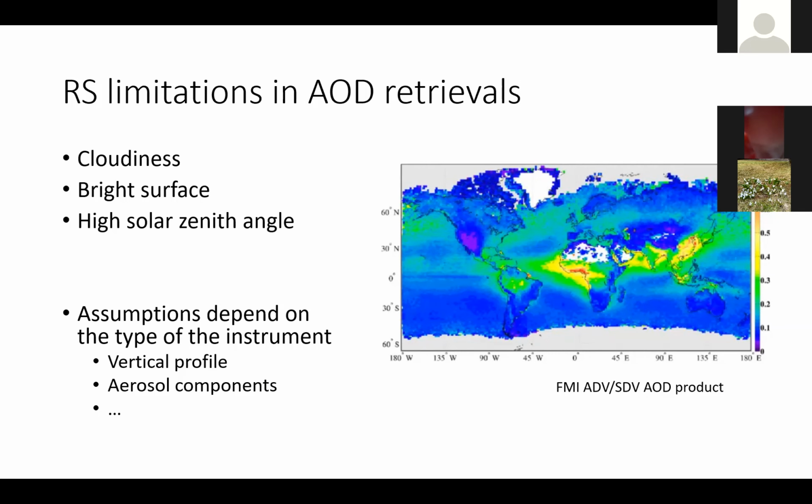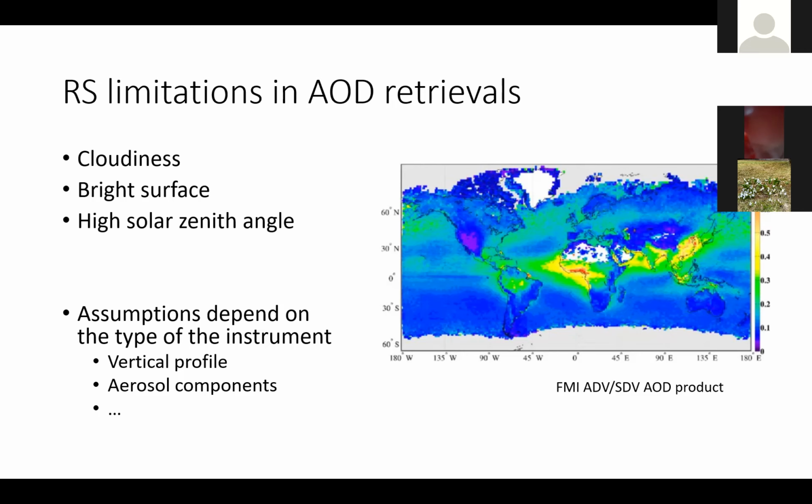Introducing here the FMI aerosol product, I would like to mention that there are quite many limitations in remote sensing, and those limitations are based on the product. For instance, for aerosols, the main limitation is that remote sensing instruments, which we use to retrieve aerosols, cannot see through cloud, so cloudiness is the main obstacle. With satellites, we can never get global coverage of aerosols.